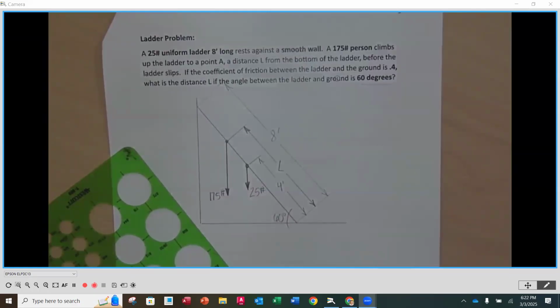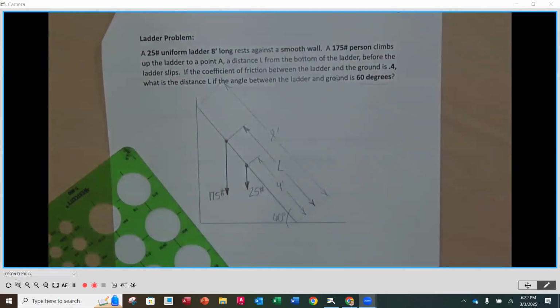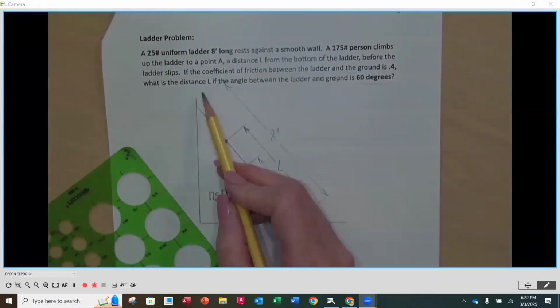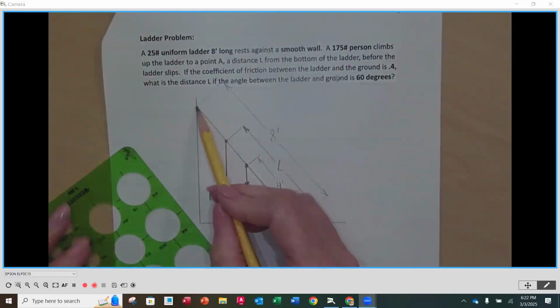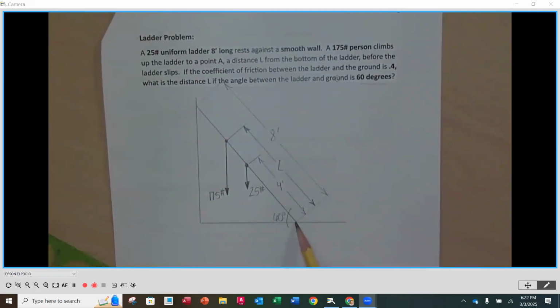Now what we need to do is add our supports. It's supported in 2 places, down at the floor and on the sidewall. Let's start with the floor. It tells us that there's a coefficient of friction between the ground and the ladder of 0.4.